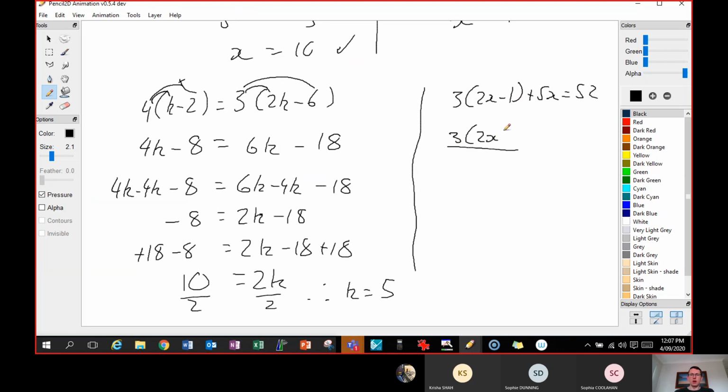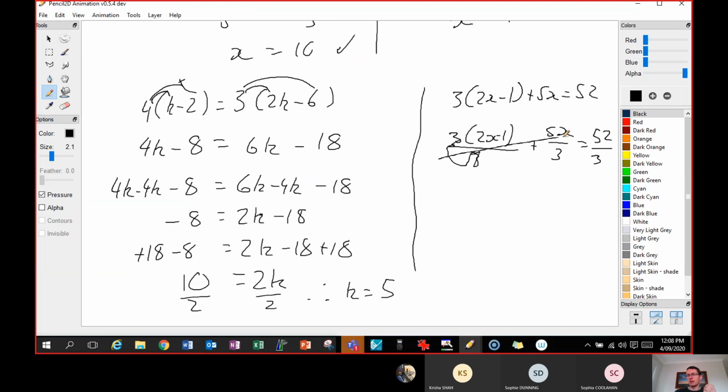So that would be 2x minus 1 on 3, which would cancel that out, plus 5x on 3 equals 52 on 3. I don't think that goes with each other. It doesn't, because 30, and then I'm left with 22. 22 doesn't go into 3. So here you're left with these fractions, but notice you're dividing each of these terms by 3. So I probably wouldn't divide by 3 to start off with. I would expand.